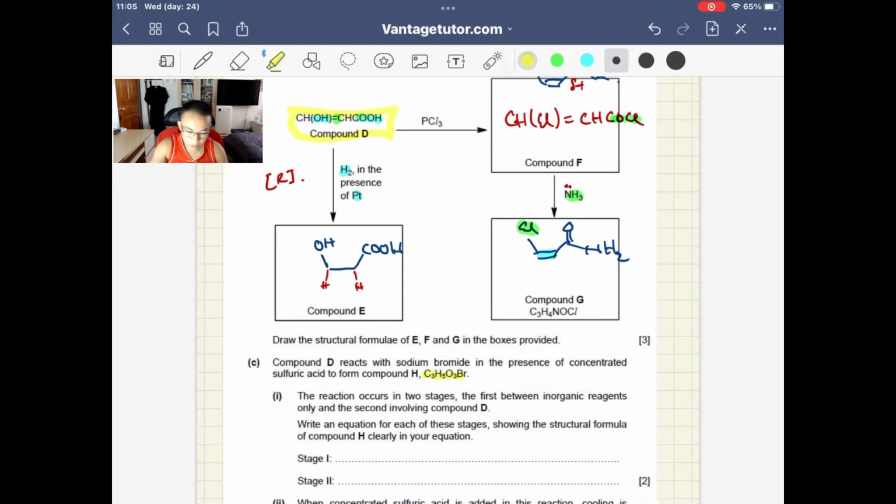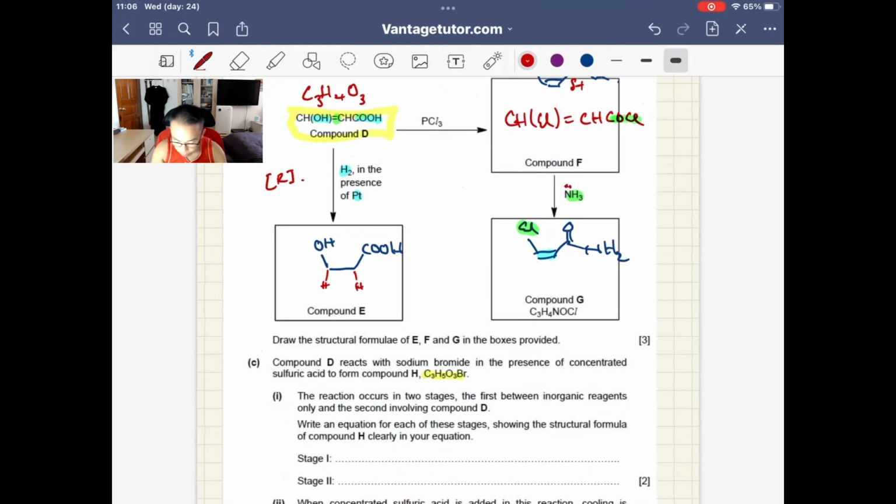So my main concern is, what is the difference between the molecular formulae? Firstly, I'll count the number of carbon: 1, 2, 3. H, how many? 1, 2, 3, 4. O, I got 3.